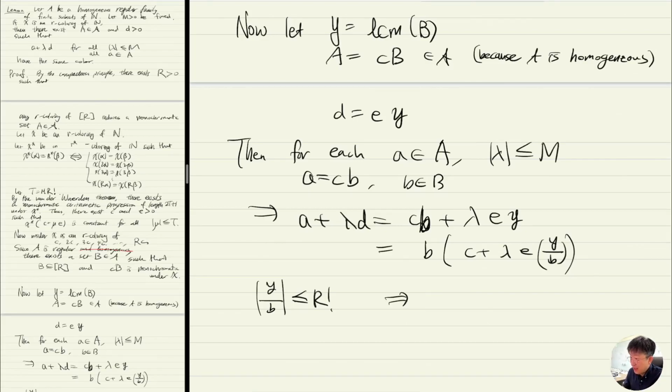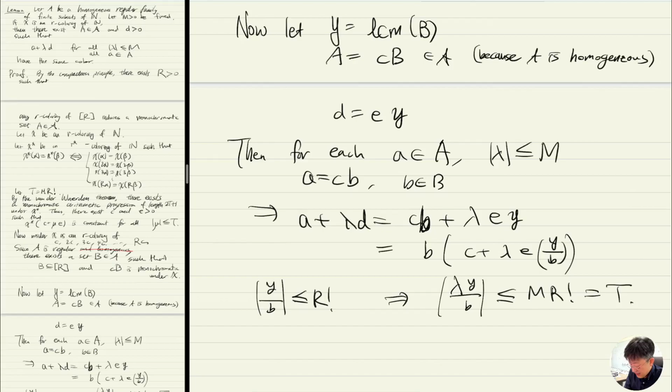So this means that lambda y over b is at most m times r factorial, which is actually t. And that's how I chose t. I could have optimized a bit further, but why not?